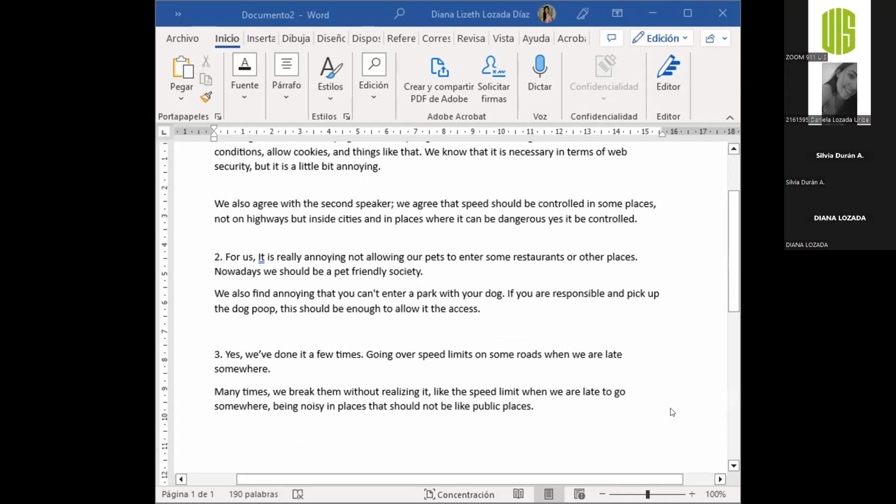And for the third one, we think that yes, we all break the rules at some points. Normally, with the speed limits of some roads, many times we break them without realizing it. And maybe being noisy in places that should not be noisy, like public places. So yes, we break rules.